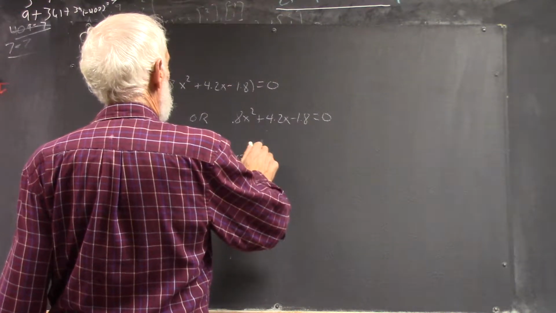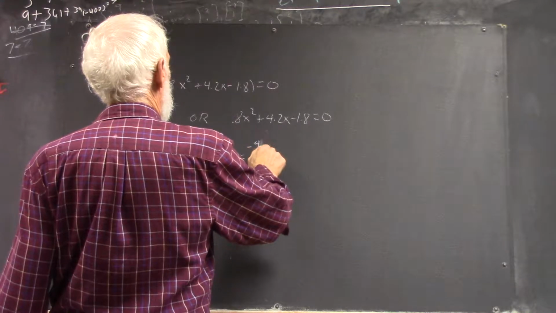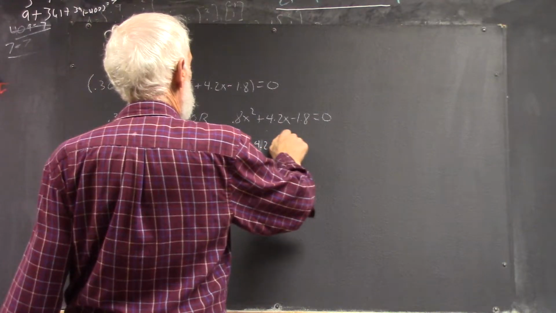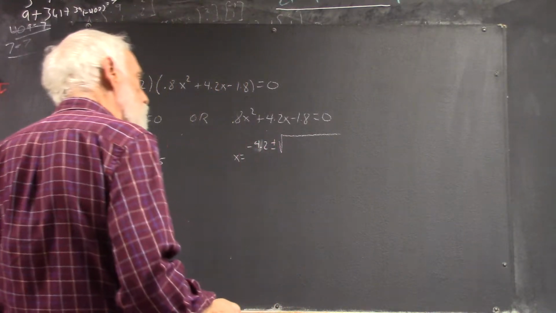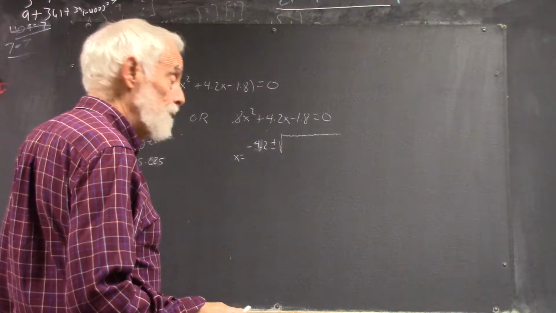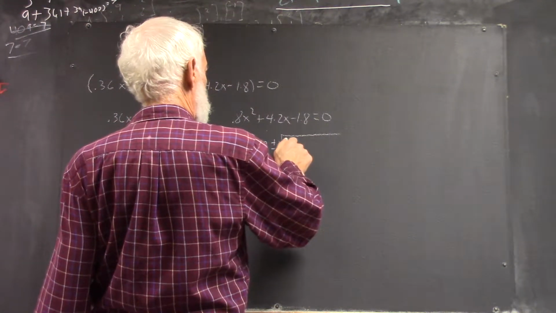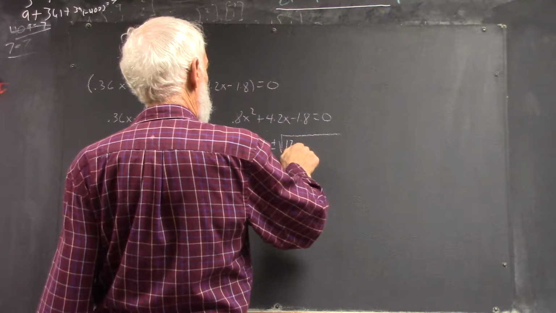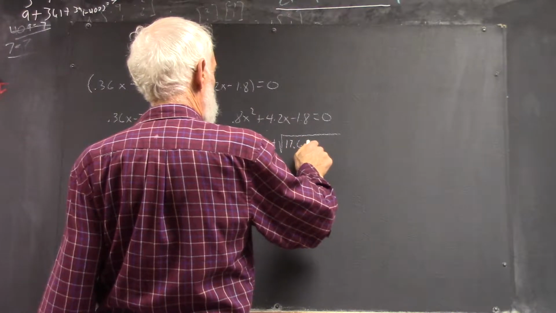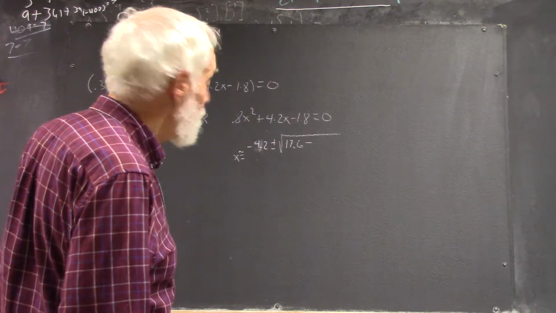Sorry, negative 4.2 plus or minus the square root of 4.2 squared, okay? Which is 17.64, something like that. That might be right, but I'll just go 17.6. We're going to get an approximation anyway.